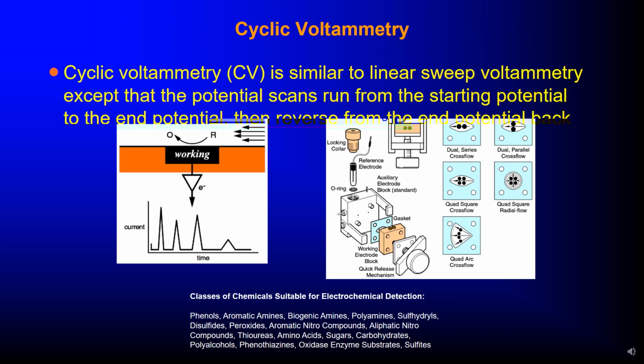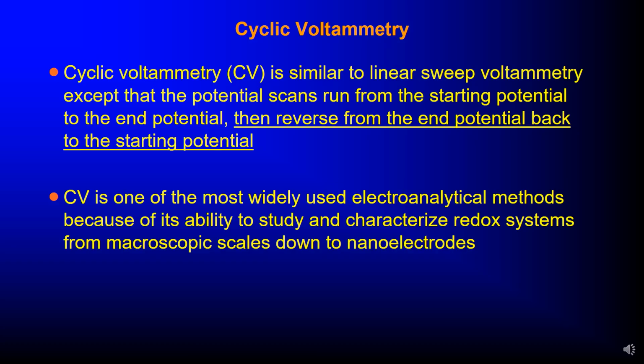Then we have cyclic voltammetry, what we know as CV. It is similar to linear sweep voltammetry, except that the potential scans run from the starting potential to the end potential, then reverse from the end potential back to the starting potential.